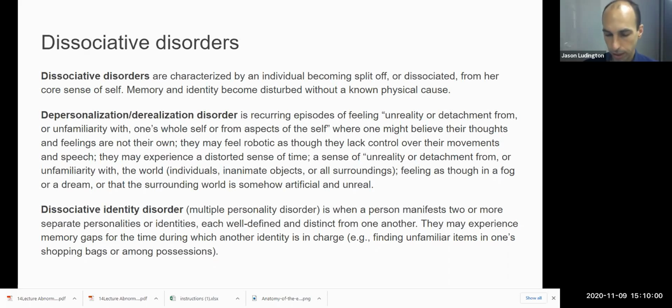95% of people with the dissociative identity disorder that I mentioned here on the slide, 95% of them were physically or sexually abused as children. That's a very high percentage. Now you might wonder, well, how can we trust them?